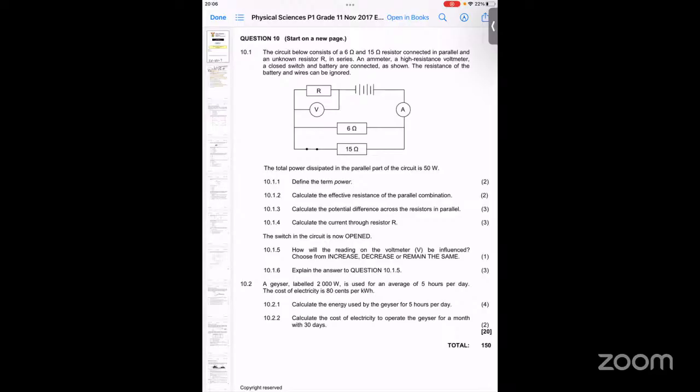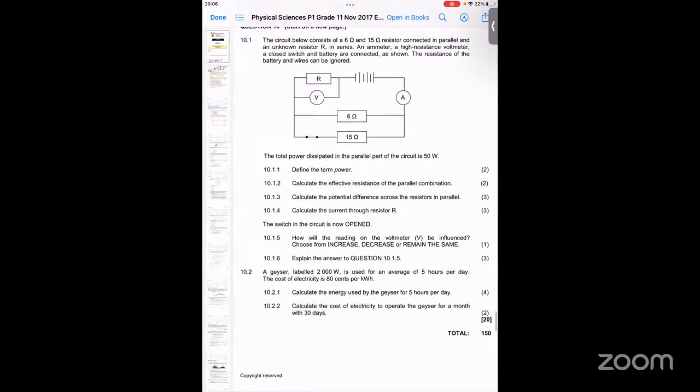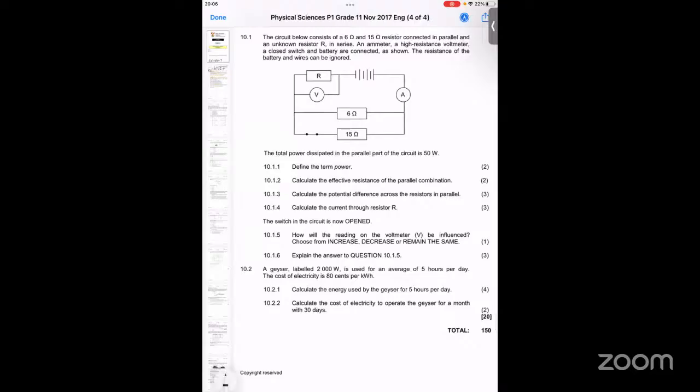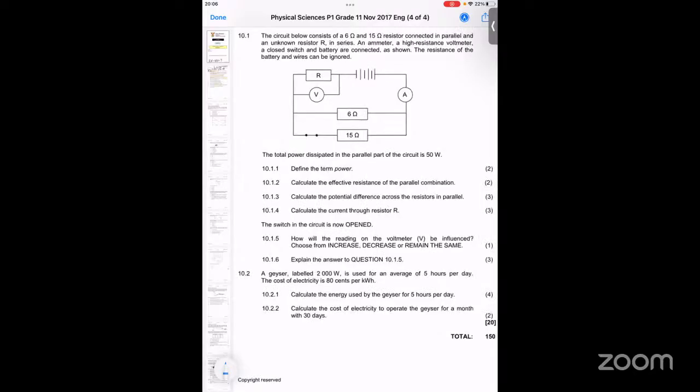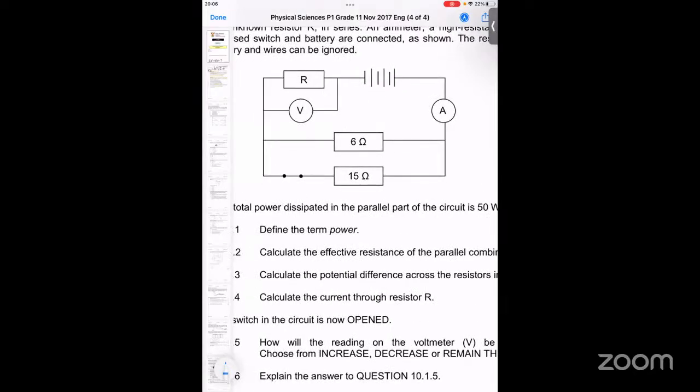So we are given a circuit diagram that we will interpret just now by mainly looking at the flow of current. We know that the flow of current will flow like that.